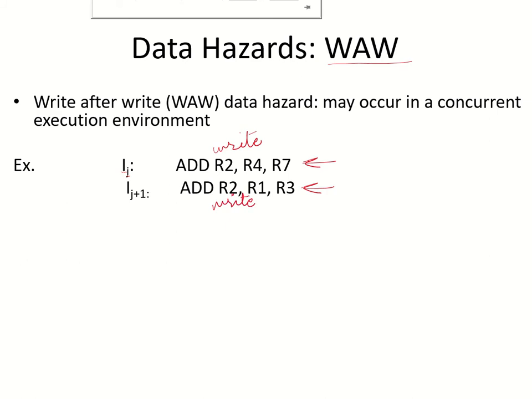The final value of R2 should be the one that is being computed in Ij+1. If in a concurrent execution or out of order execution, by any chance Ij+1 is executed before Ij, the write stage should be delayed till Ij has written in R2. Only after Ij has written in R2 should Ij+1 write in R2, to get the correct results of the program. This is referred to as the write after write data hazard.